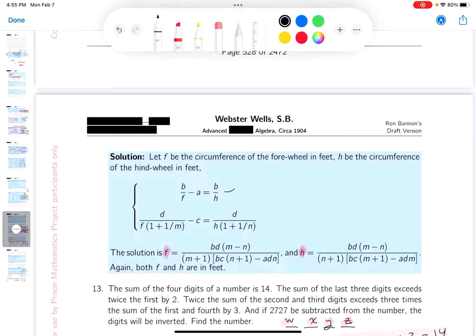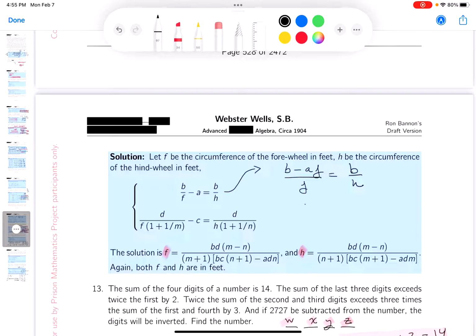And write down what I mean by that. I'm going to solve the first equation for one of the letters that I'm interested in. So I'm going to write this over here, and this is going to be (B minus AF) over F is equal to B over H. And I could solve this for H. Let me write this down for you.